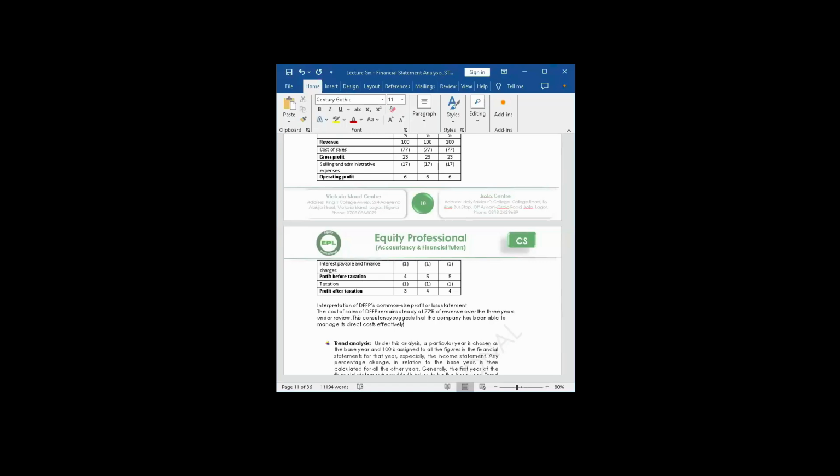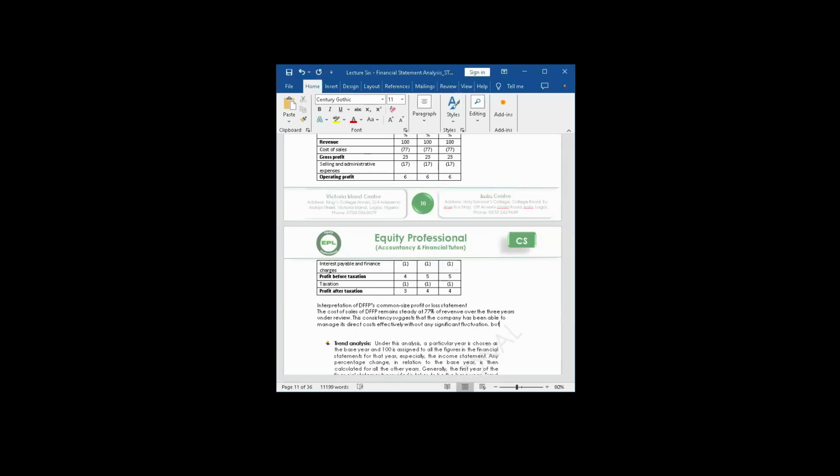It's not going up, coming down, going up, coming down, right? Without any significant fluctuation. That's our observation.